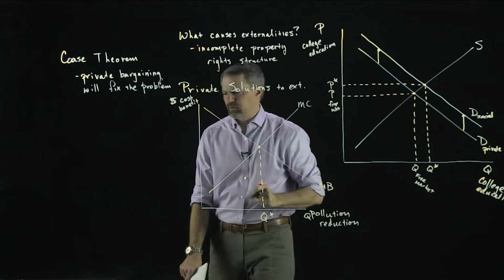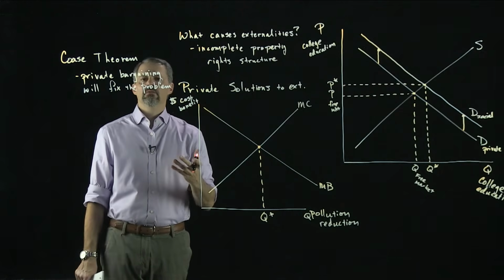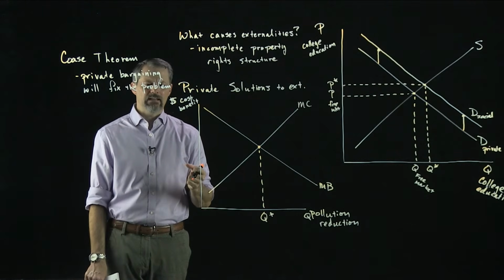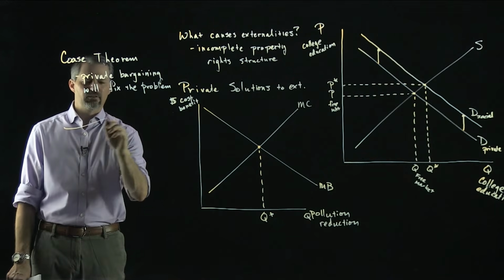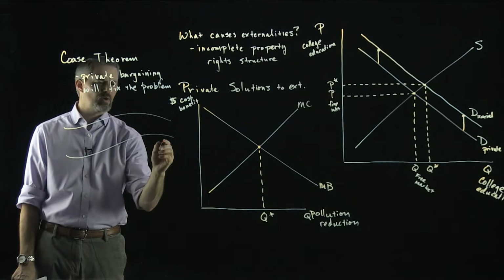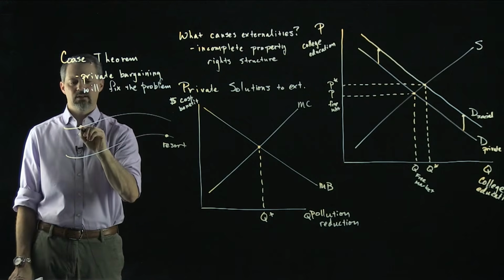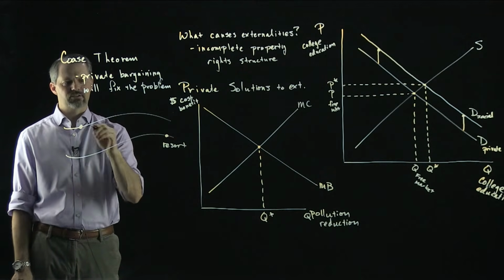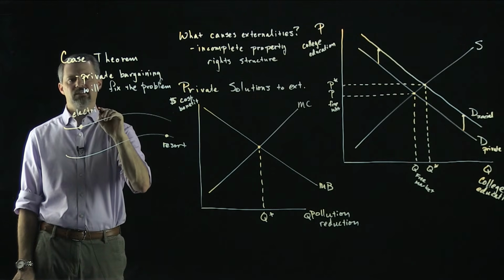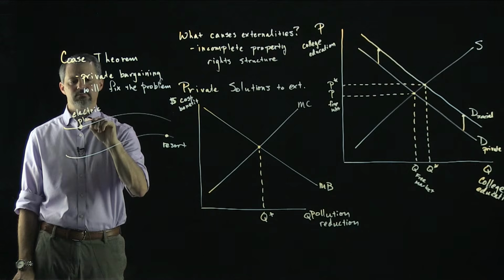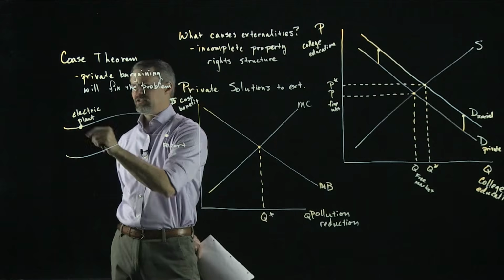So here's the idea. Let's suppose that there's a river. Looks like this. And let's suppose I own a resort down here. Here's a resort. And up here is a firm that generates electricity, the electric plant.